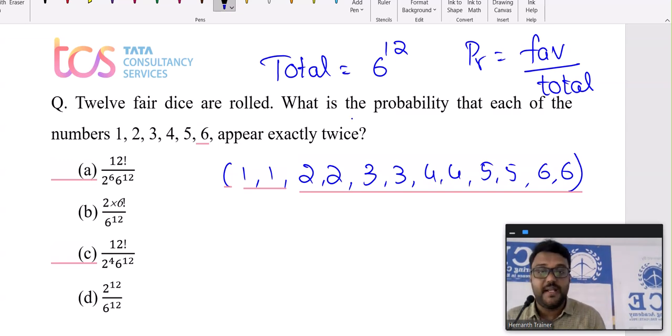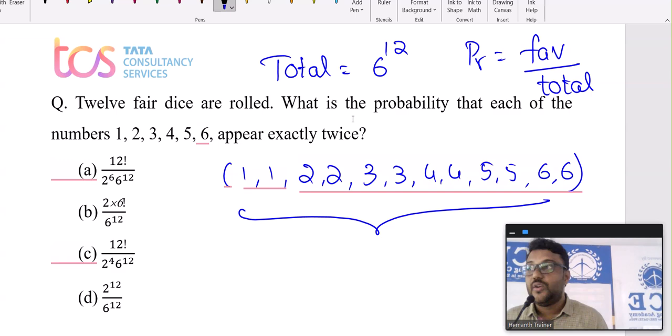So how many numbers are there in total? 12 numbers. It's similar to what we discussed: 4, 1, 1, in the sum of 4 numbers equal to 8. 4, 1, 1 means 4 digits are there, 4 factorial, and ones are repeated, divided by 3 factorial. Similarly, here a total of 12 numbers are there. 12 factorial divided by, because of ones, 2 factorial. Ones are repeated 2 times.